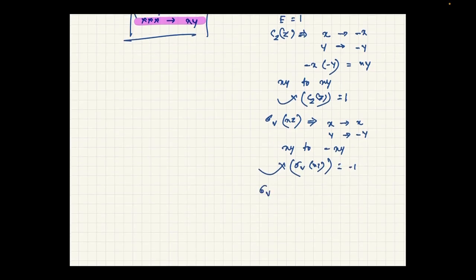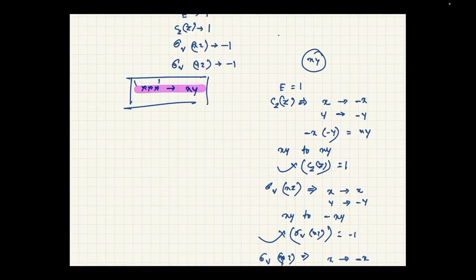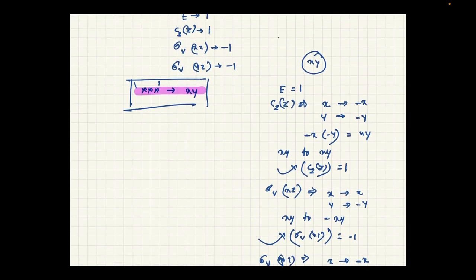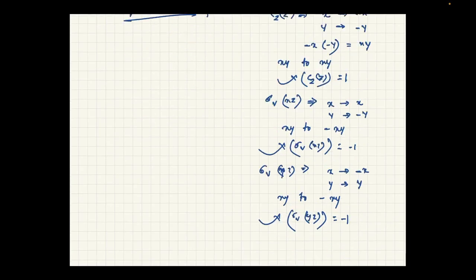Again sigma v yz: x goes to minus x, y goes to y, so xy goes to minus xy. Okay, so the character of sigma v yz will be equal to minus 1. So the xy binary product can act as a basis function for this particular irreducible representation.